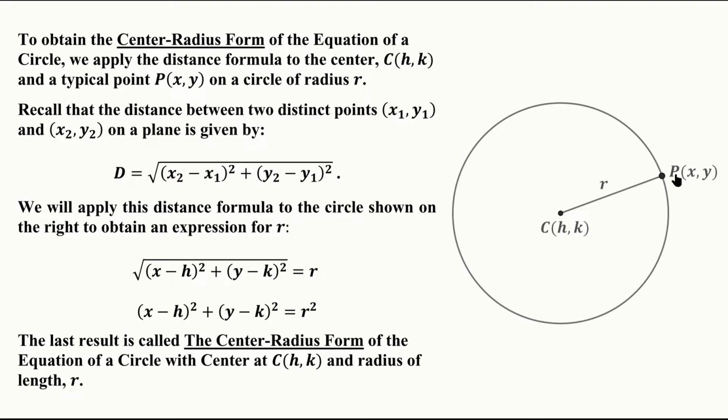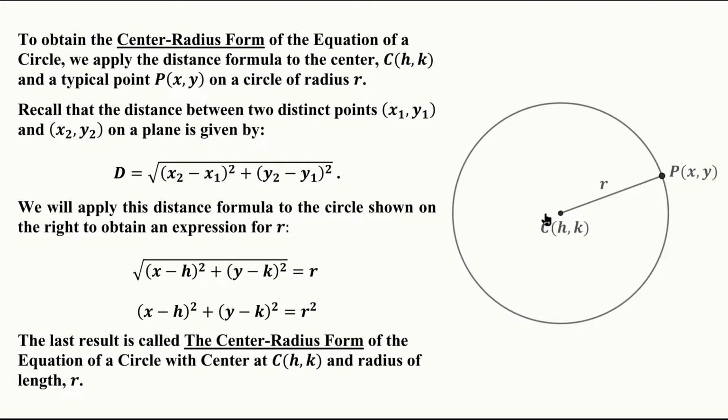Plus quantity y minus k squared equals r. Now, if we square both sides of that, the square root on the left side goes away, and we end up with just quantity x minus h squared plus quantity y minus k squared equals r squared. This last result is what we call the center radius form of the equation of a circle with center at C of (h, k) and radius r.